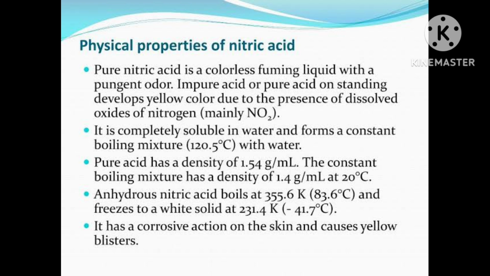The concentrated sulfuric acid is the third reagent. In a test tube you have taken the solution in which nitrate is present, and ferrous sulfate solution, dilute, you have already added, and now you have shaken it.